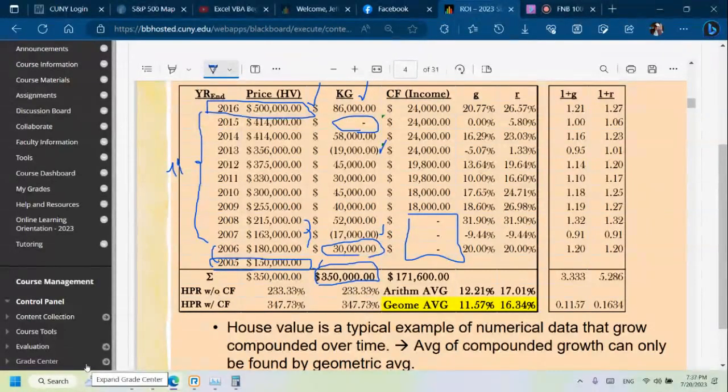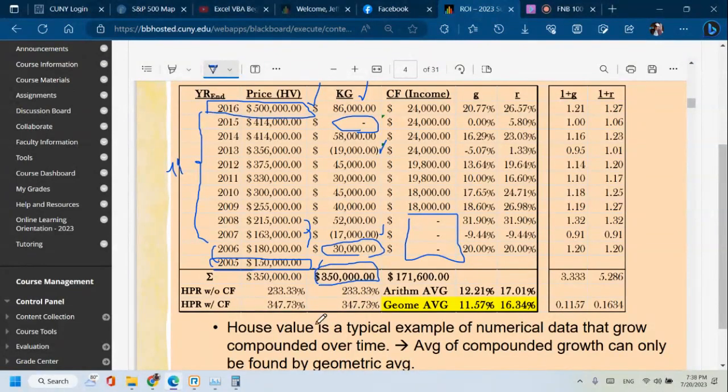Scenario two, you rent it out. It's a rental property now. Then it generates income, which is cash flow, right? So scenario one is just like a stock that doesn't pay any dividend, and scenario two is like the stock that pays dividends.